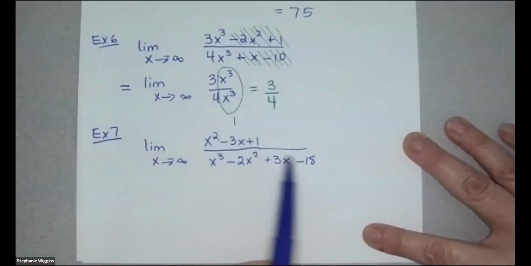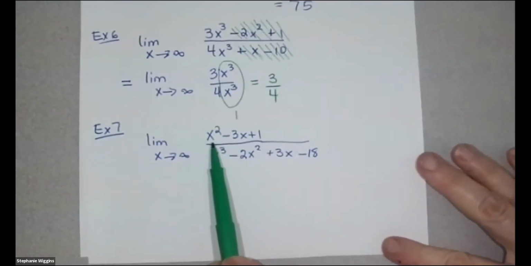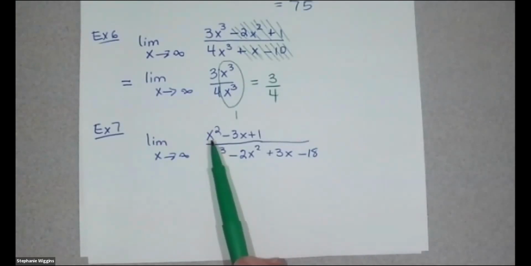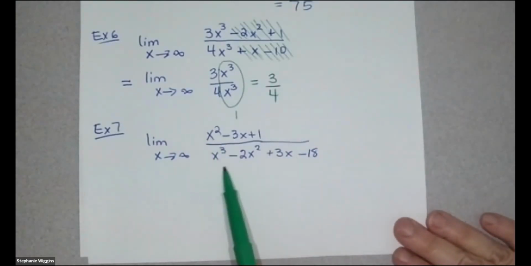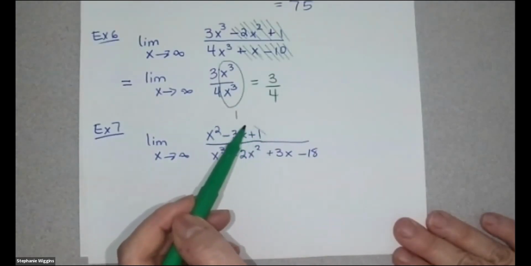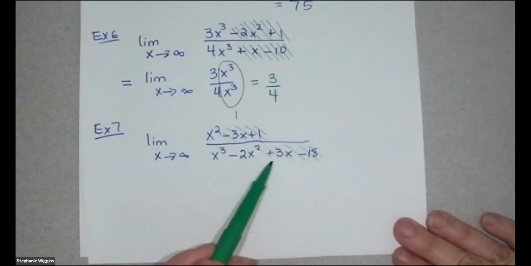So now the numerator and denominator are battling it out. X squared is the most powerful in the top here in the numerator. X cubed is the most powerful in the denominator. These guys right here, they're not helping very much, so we're just going to pretend they don't exist.